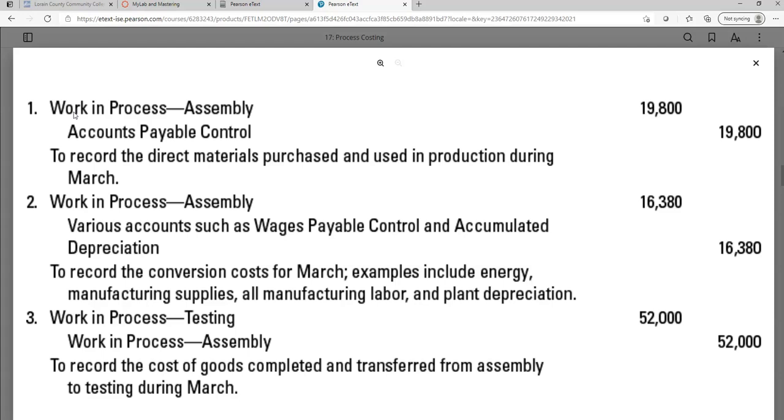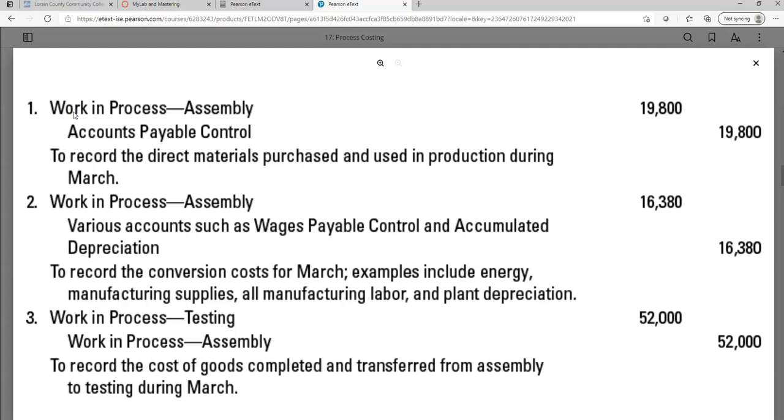That is certainly an appropriate method to do. However, the accounting department management decided that it would be easier just to transfer it straight to the assembly department because they're the ones that are going to need those direct materials. Then we're going to debit work in process for the other costs other than direct materials, such as direct labor, accumulated depreciation, and the allocation of overhead.